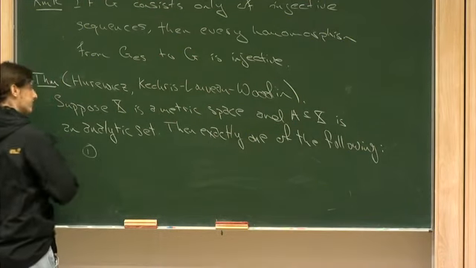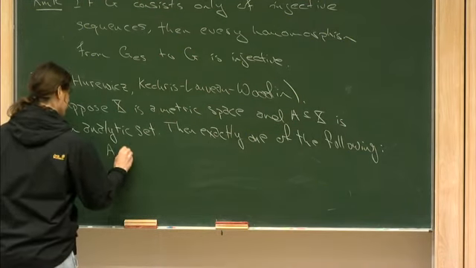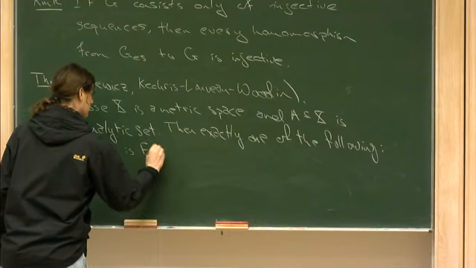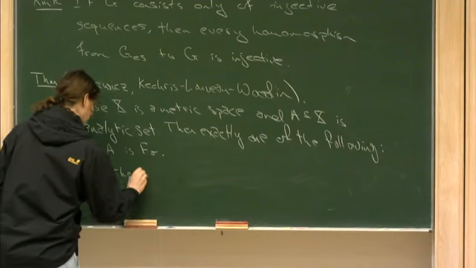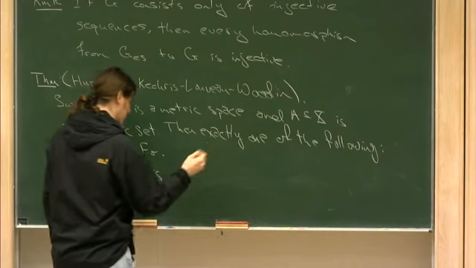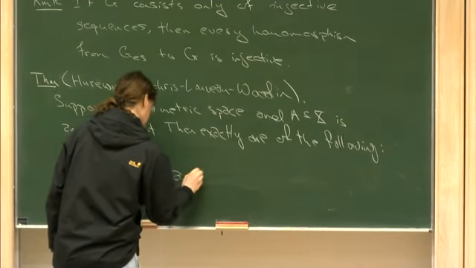Either A is F sigma, or there is a continuous reduction.